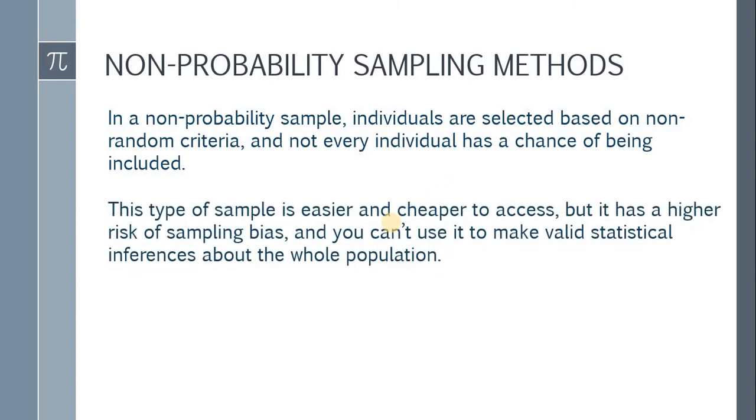So this type of sample is easier and cheaper to access, but it has a higher risk of sampling bias. And you can't use it to make valid statistical inferences about the whole population. Okay, so please, wag natin itong gagamitin. Kaya sisimplihan lang natin yung discussion dito kasi yung pinaka-goal natin talaga is yung probability sampling methods.